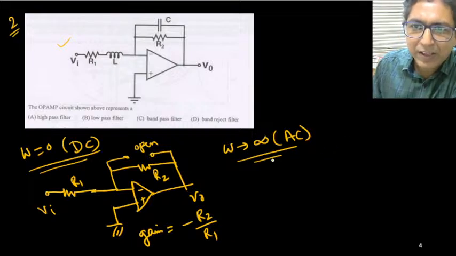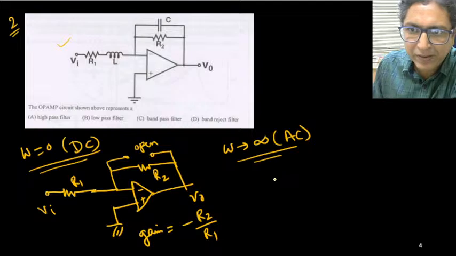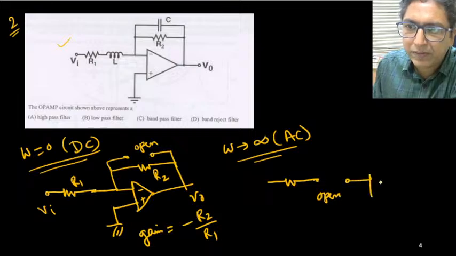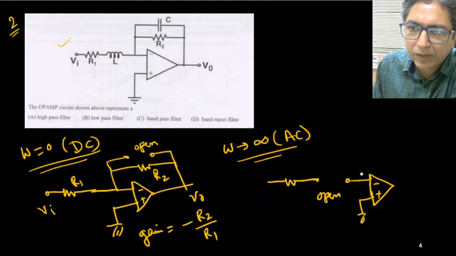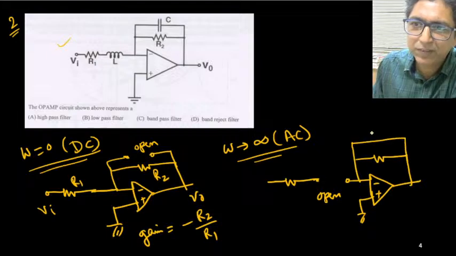Okay. Now if we consider this just opposite, if omega close to infinity, so what will happen? This resistance and inductor will behave as open circuit. Then this is op amp. And capacitor will behave as short circuit. This capacitor is shorted.